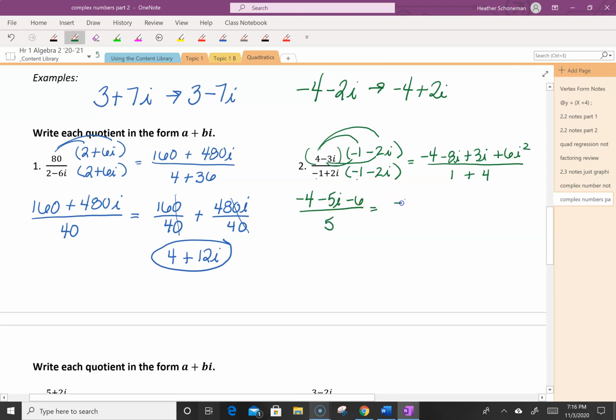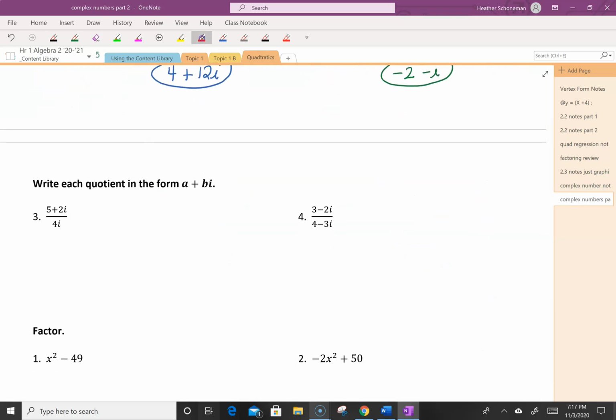Simplify that again. That gives me negative 10 plus 5i over 5. Once it's simplified, I can write this into two fractions. So I have negative 10 over 5 plus 5i over 5. Well, negative 10 over 5 is negative 2 plus i, and there's my answer.